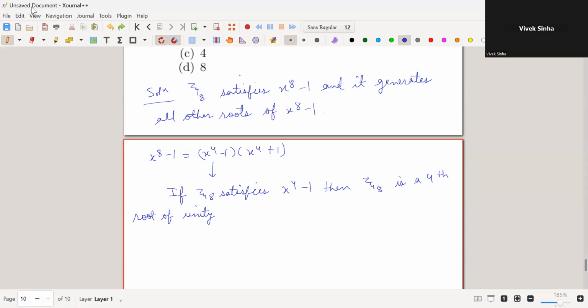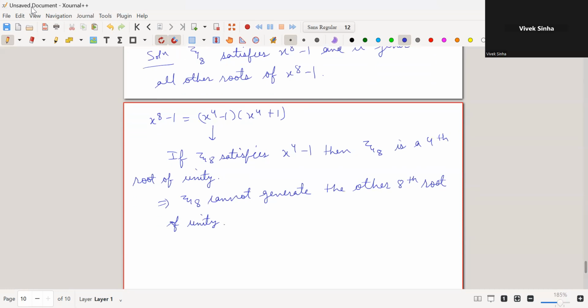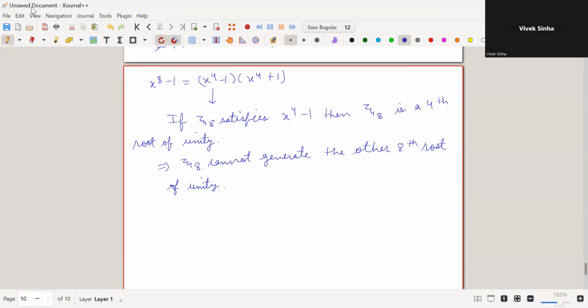This will imply C8 cannot generate the other eighth roots of unity, because it can only generate the fourth roots of unity, and they are four in number, but x8 minus 1 has eight roots, so it won't generate all of them, right?